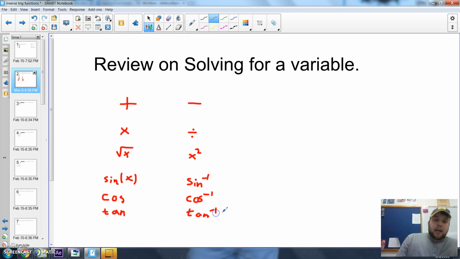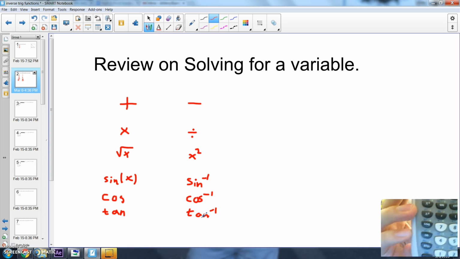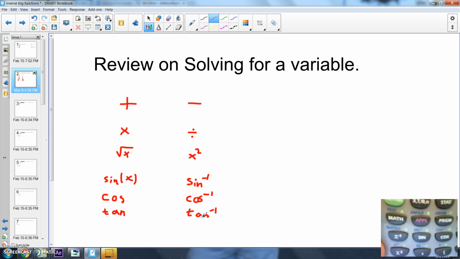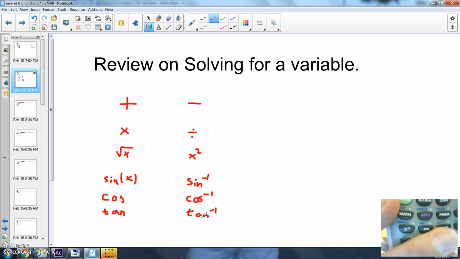Now, how do you find this on your calculators? Usually the inverses are right above your sine, cosine, or tangent button. For instance, I don't know if you can see here, but right above there's my sine and cosine.